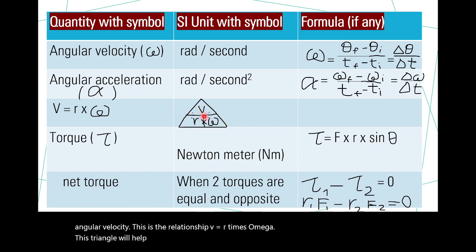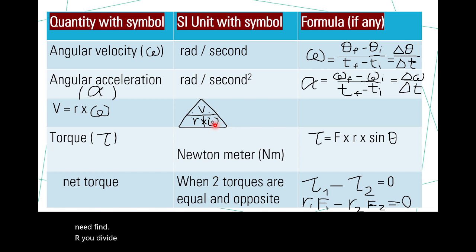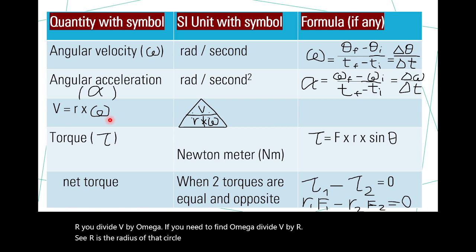If you need to find V, you multiply R with omega. If you need to find R, you divide V by omega. If you need to find omega, divide V by R. R is the radius of that circle.